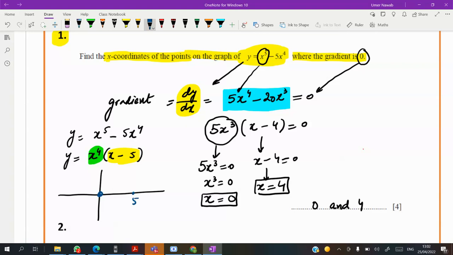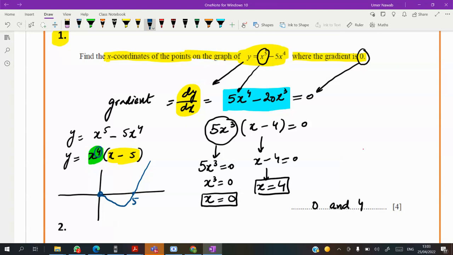So when I try to draw it, the graph comes from here, right? It touches, because whenever we have an even power, it touches, but it will get more flattened here. It can be square, it can be 4, it can be 6. If it is 6, then we will make it more flattened about the x-axis.